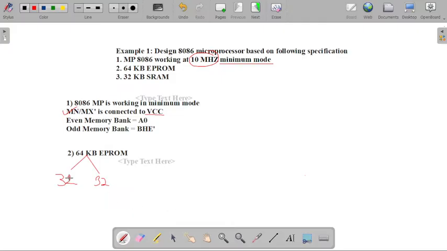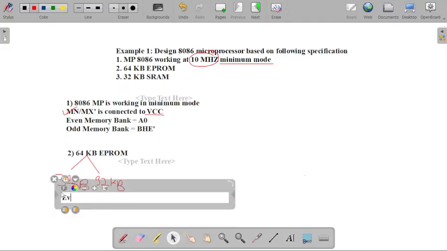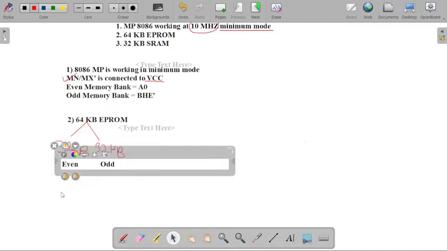So there are two memory banks created out of that 64 KB, with 32 KB available in each, and these will be considered as the even and odd memory locations. The first 32 KB will be considered as the even memory location, and the second 32 KB will be considered for our odd memory location.